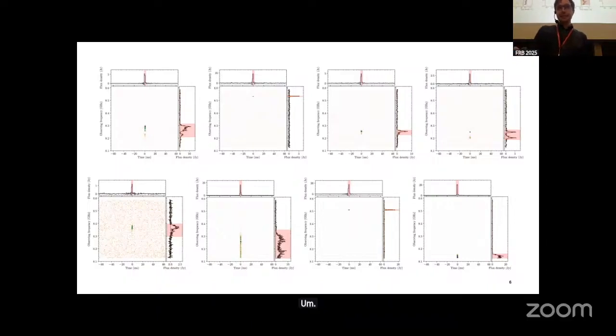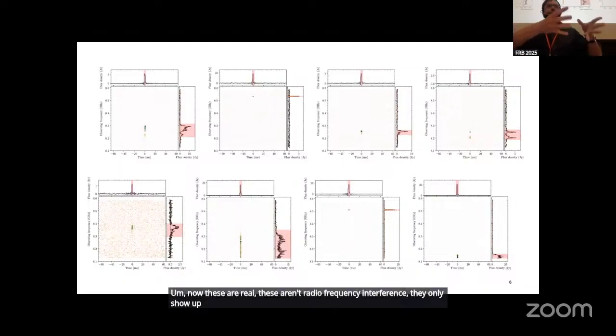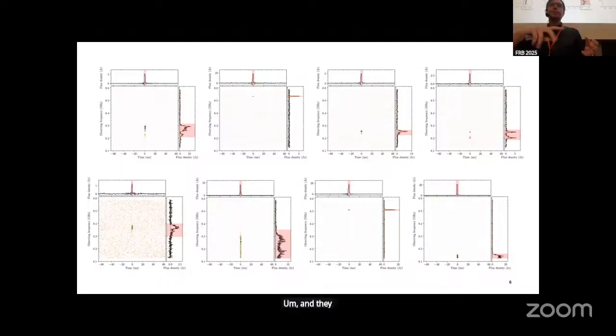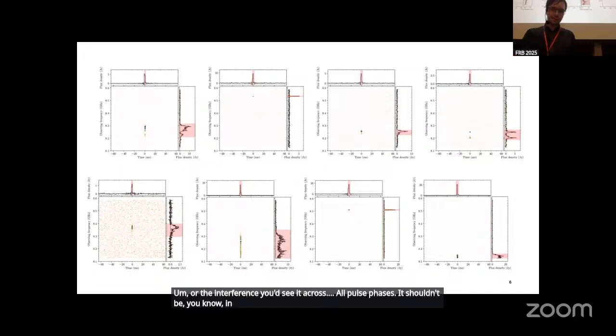Now, these are real. These aren't radio frequency interference. They only show up within a very narrow phase window, and they also all show the same kind of diffractive scintillation that we see in the broadband emission, whereas interference you'd expect to see across all pulse phases. It shouldn't be in phase with the rotation of the magnetar.